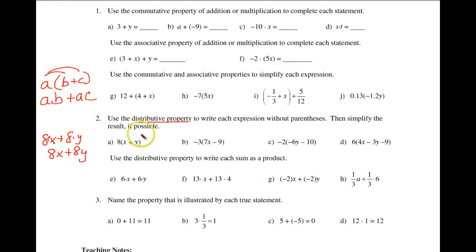We have distributed that. Here we have to be careful of the sign. So this sign will be negative when we multiply, and this next one will be positive. So this is going to be a negative 21x, a positive 27.